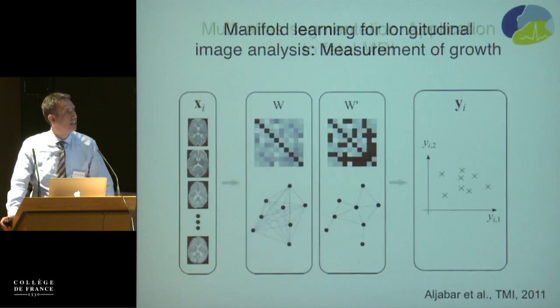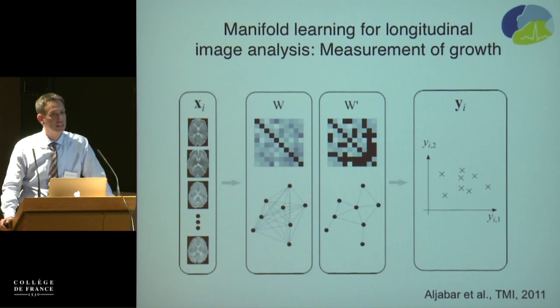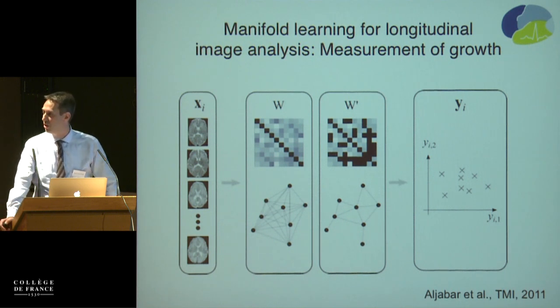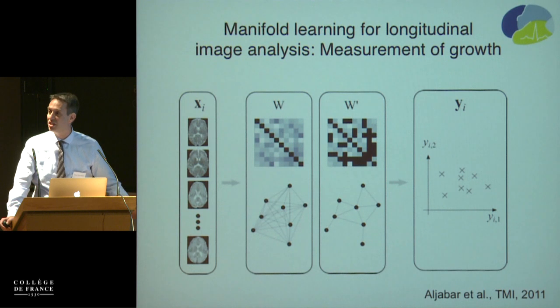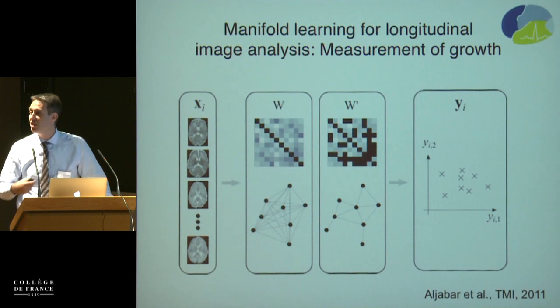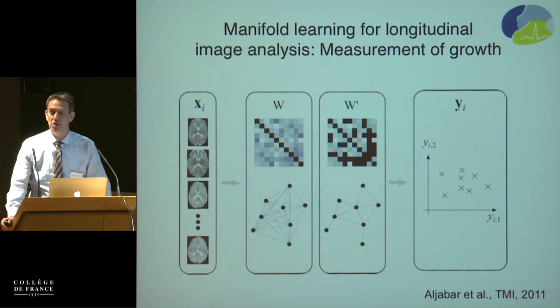But one challenge which I want to finish off with is, how do we actually take this further and study how a whole population of subjects is growing? And as I said, I showed you this idea of manifold learning beforehand. We're going to use a very similar idea to now try to uncover the average growth trajectory of brain development, using, of course, instead of adult brains, now neonatal brains, but performing a very similar manifold analysis to what I've shown you before, except that we measure similarity between our data sets with two different components.